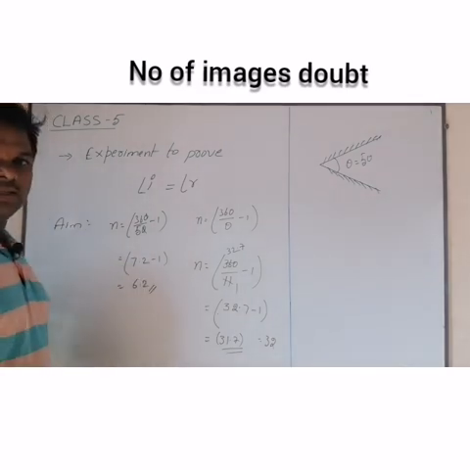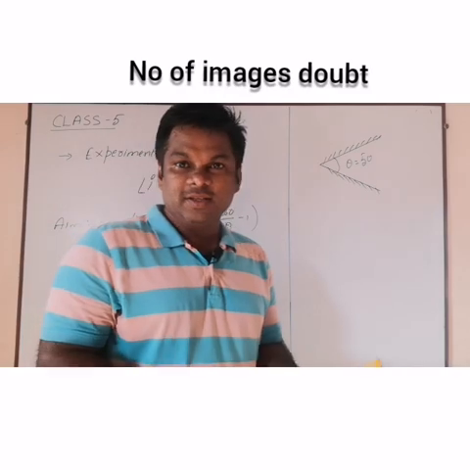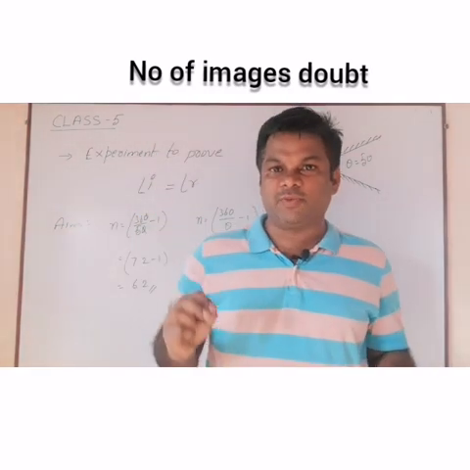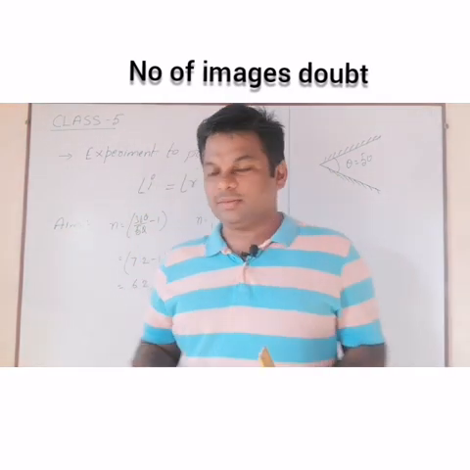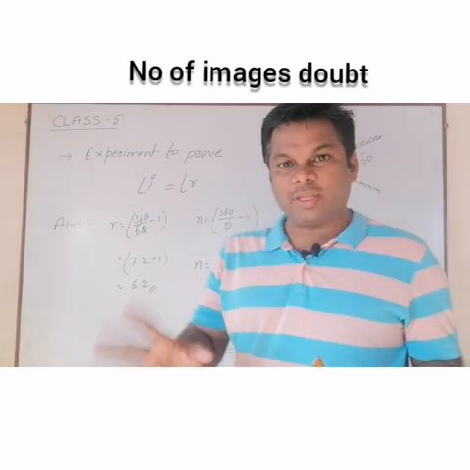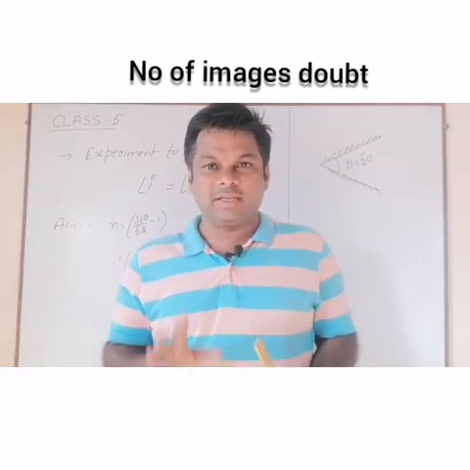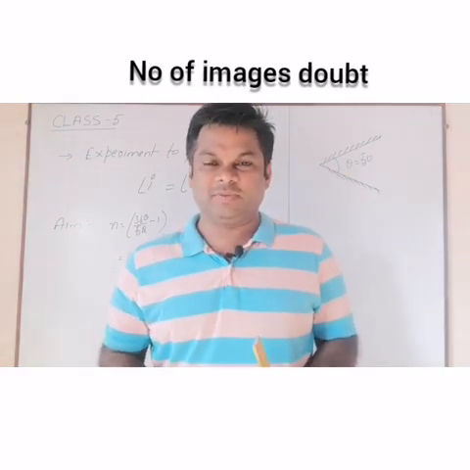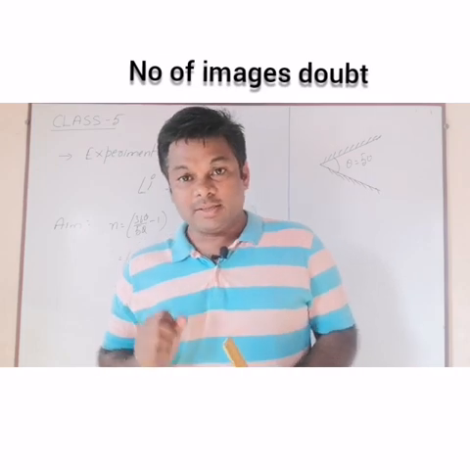How many images did you get? Many people have written 6 images. Please change your answer. You got 6.2, that is more than 6, so definitely that is 7 images. The number of images is 7.